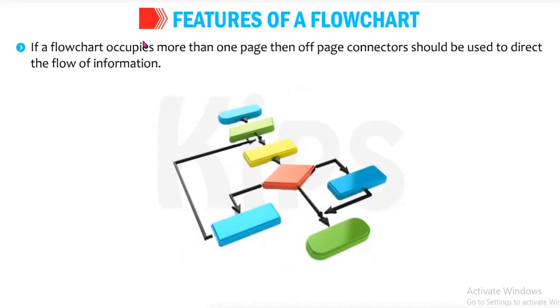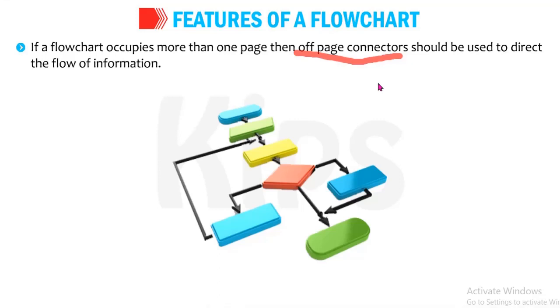Last point is if a flowchart occupies more than one page, then off-page connectors should be used to direct the flow of information. Do you remember? There are two connectors. One is on page and off page. Do you remember the last class? In the same page you divide into two parts and you continue.